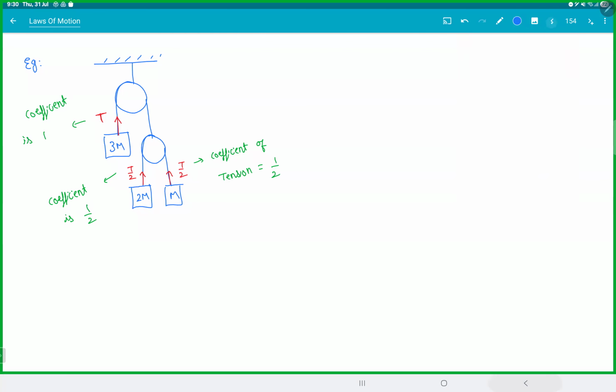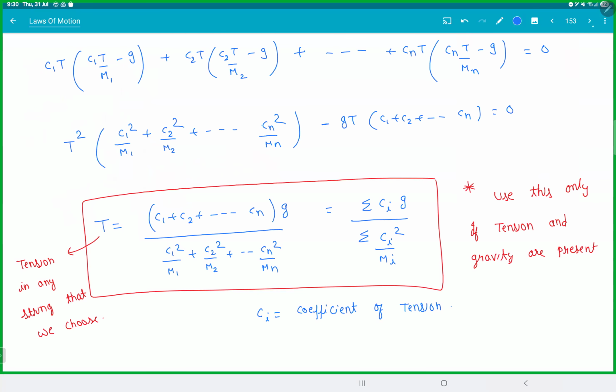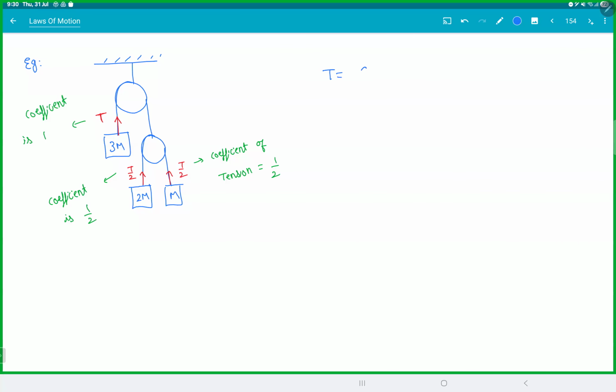What is the formula? Tension is equal to the sum of the coefficients C1, C2, C3, into g, by coefficient square by M1. So you can choose anyone as M1, anyone as M2 and so on, then C2 square by M2, C3 square by M3.